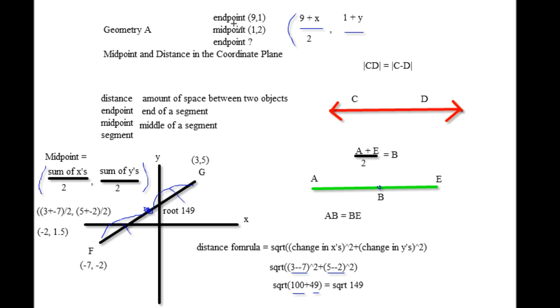So I'm using the endpoint given to me in the formula. I'm not using the midpoint in it because that's going to be the answer to what this should have been. So this should be equal to parentheses 1 comma 2.